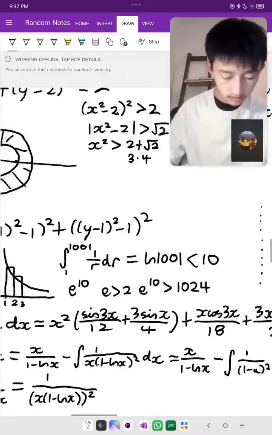x to the x to the x. Well, I know that the derivative of x to the x from earlier is x to the x times 1 plus ln x.